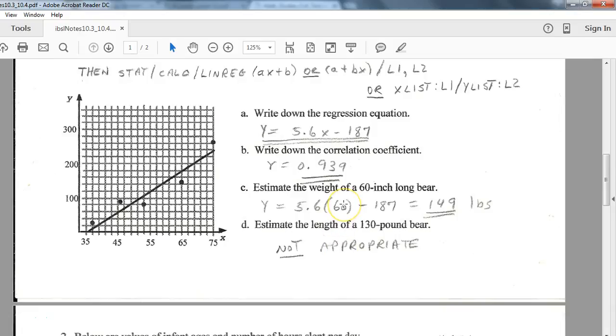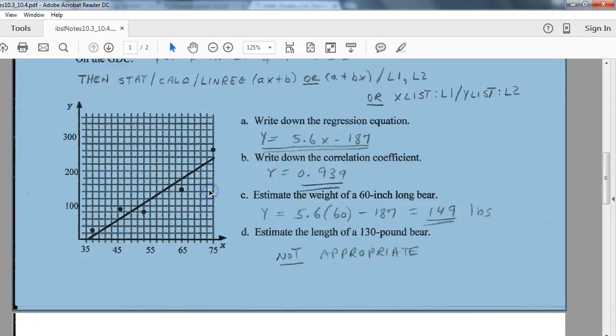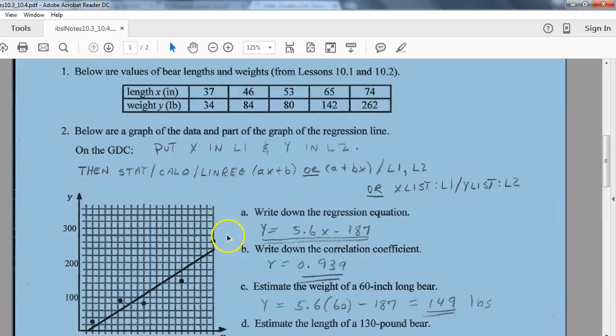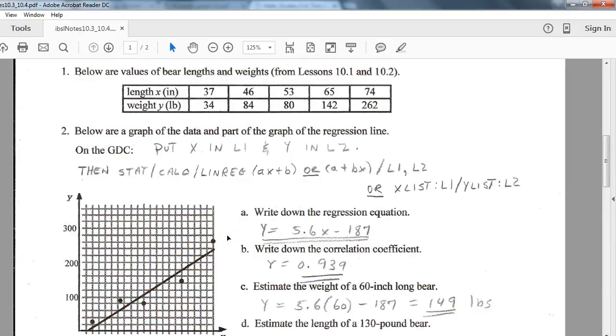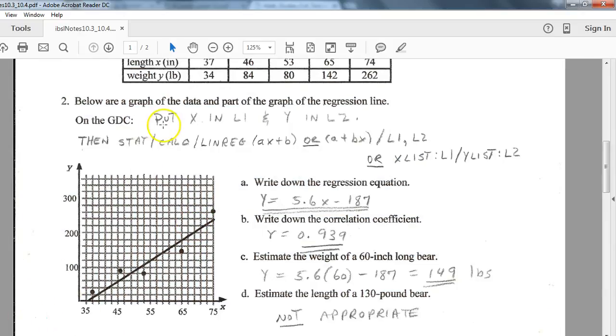But if you use a number like 60, you can see 60 is definitely within the range of our data. So that's interpolation. So we would say, yes, this is appropriate. If something like 130 pounds is way outside the range of our data, so we would say it's not appropriate.